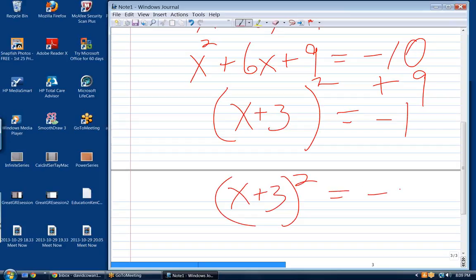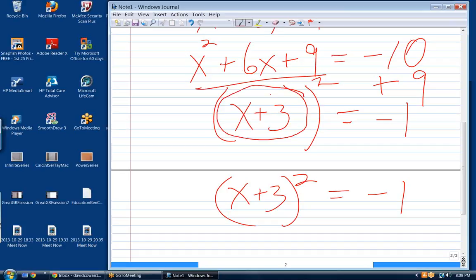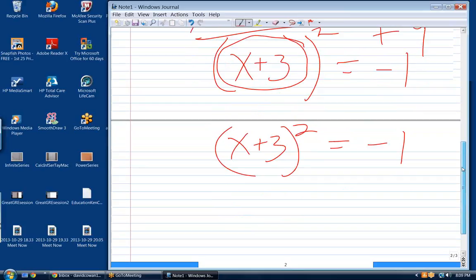And that's the whole point in completing the square, so that you can write it as an x minus h quantity squared. You will always be able to do that if you complete the square by taking half of that coefficient, squaring it, and adding it. That ensures that we're going to be able to write this as x plus 3 squared. Okay? You with me?